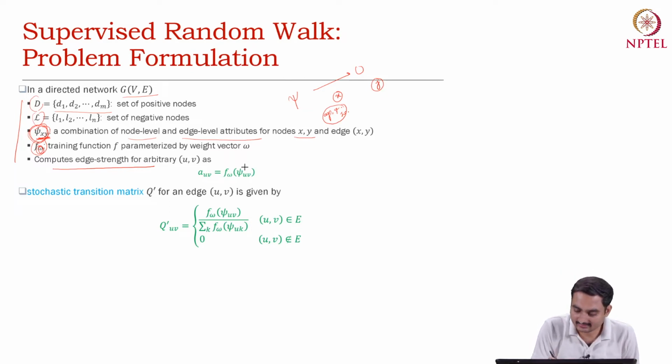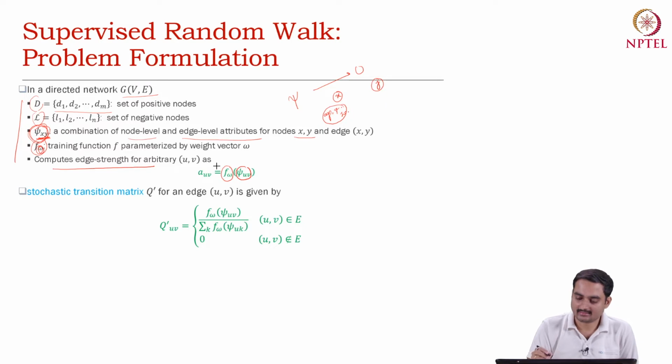So we basically have three things here. The first one is this function psi, which combines the features of two nodes and produces a number, for example, or a vector, and then that is passed through this function f.